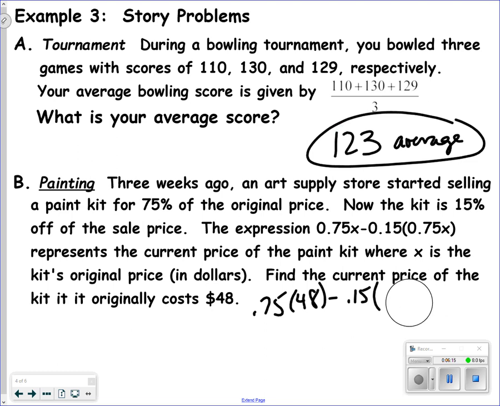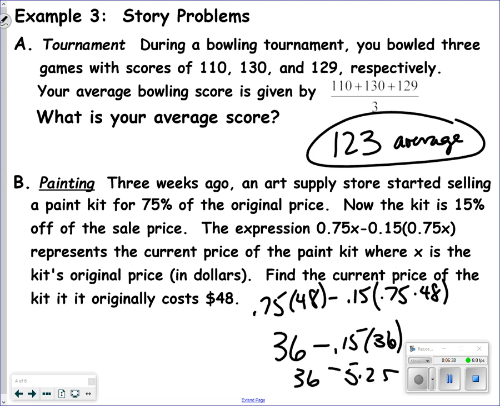Here we go, 0.75 times 48 is 36. And then multiplication, 0.15 times 36 is 5.25. And so 36 minus $5.25 would be $30.75. So what I'm actually going to pay for this particular painting kit is $30.75.